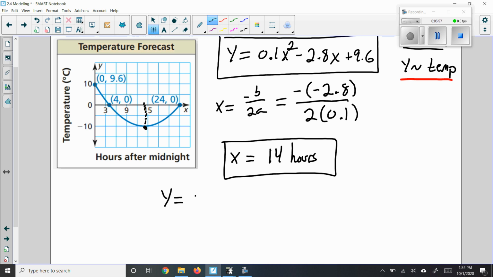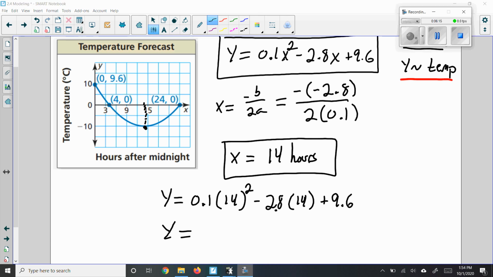So y is equal to 0.1 times 14 squared minus 2.8 times 14 plus 9.6. So what I get is negative 10 degrees. So that is the answer to the second part.